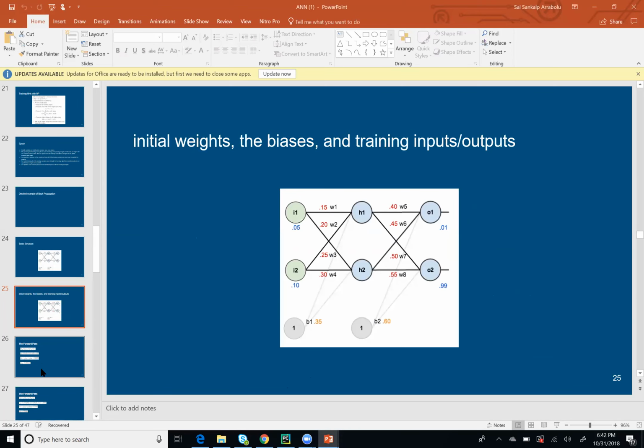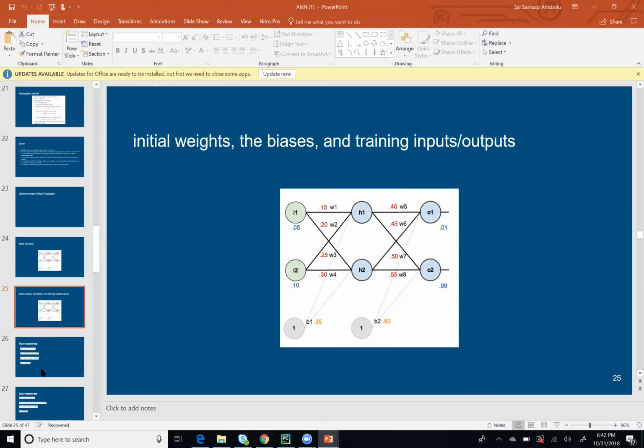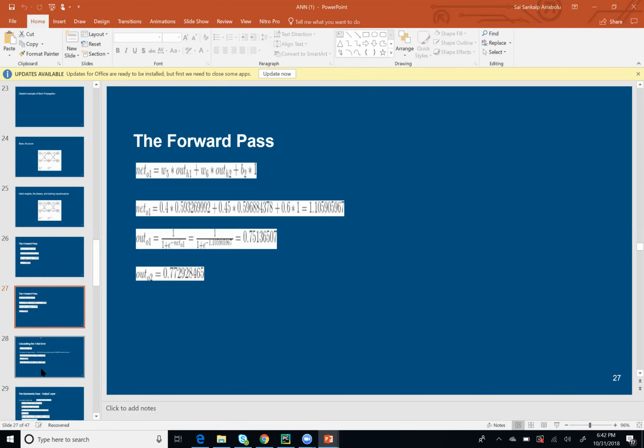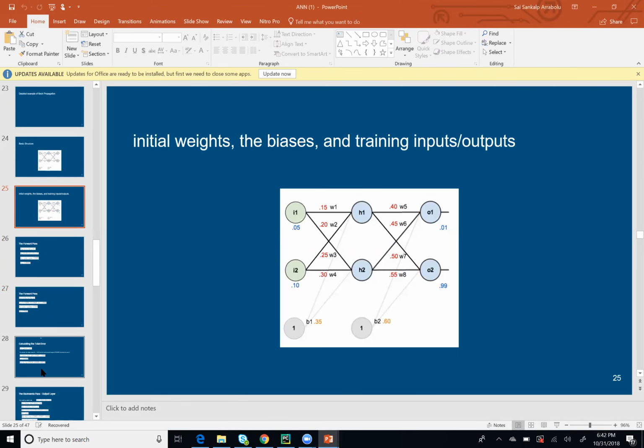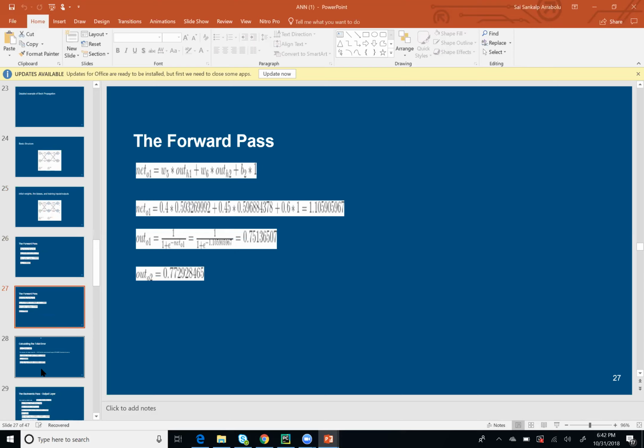Let's say you have these weights, and these are your input nodes, 0.5, 0.1, and 1 as your bias. We did each calculation of what your first net is, and how the sigmoid function would work, and what the output is. Then you redo the calculation for these hidden layers the second time, and you get your final output.